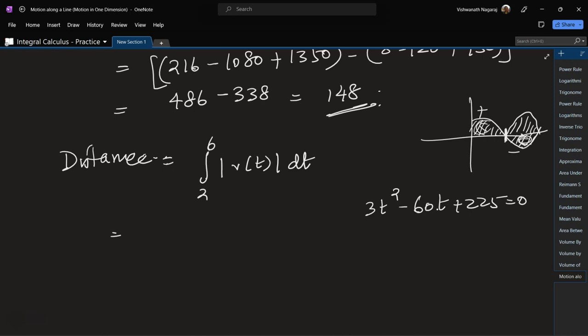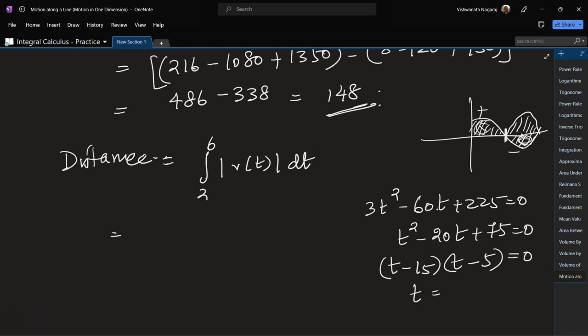3 is common to all of them. So t square minus 20t plus 75, 3 7s 21, 3 5s 15. Okay, let's factorize this. We get t and t, 15 5s are 75, so 15 and 5, minus minus.